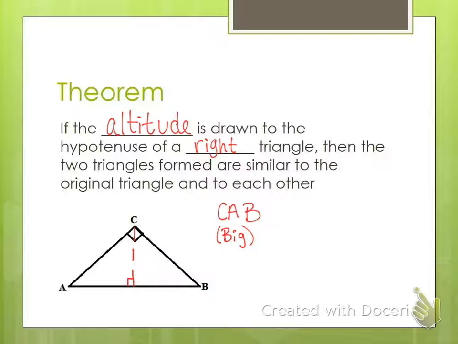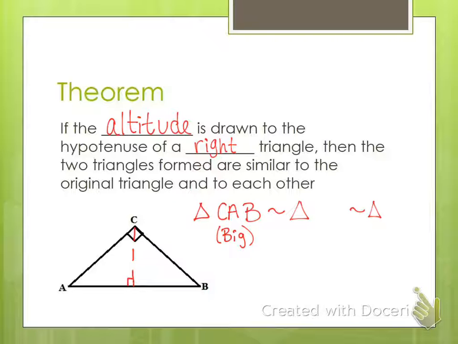This theorem states that now these two little triangles that were formed are similar to each other and to the original triangle. So we're going to make an extended similarity statement out of this. We will keep doing this multiple times throughout the notes.